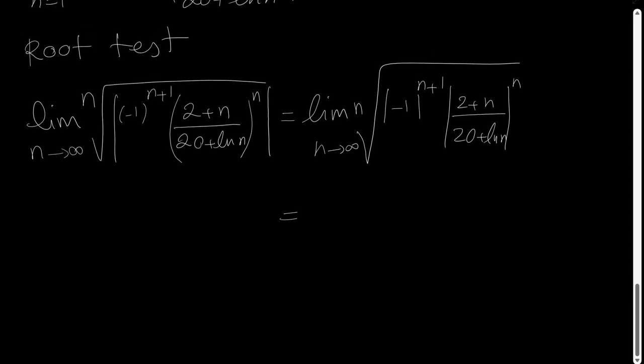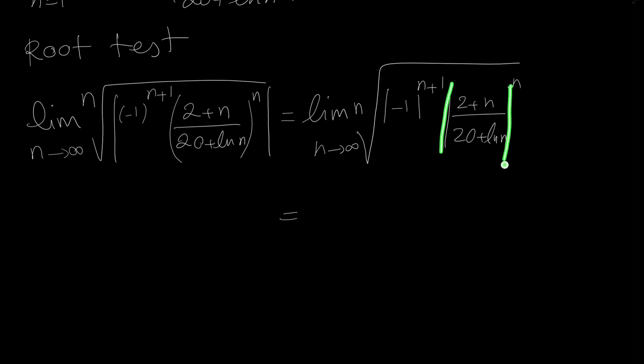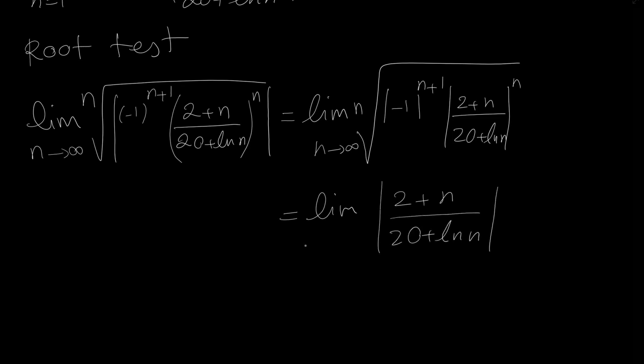The absolute value of -1 to any exponent is just positive 1, so the remaining part is the limit of the absolute value of (2+n) divided by (20 + natural log of n), to the exponent n. So we have the nth root and exponent n, so the remaining part is the limit of (2+n) over (20 + natural log of n) when n approaches infinity.